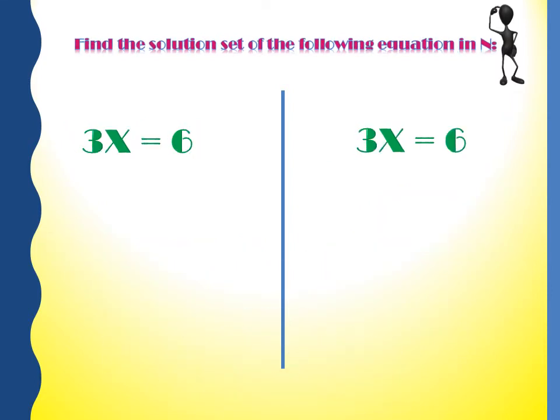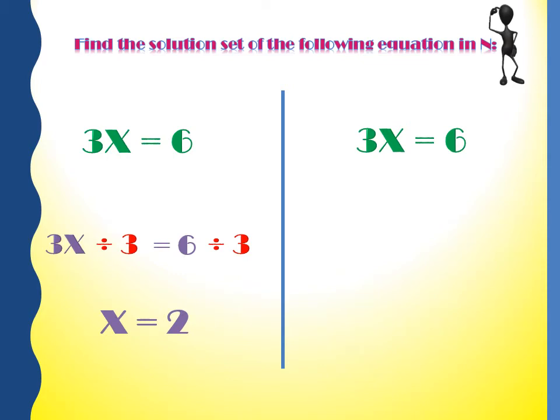Here another example. I need to keep x alone on one side by multiplying by its multiplicative inverse, or by dividing both sides by 3 to get rid of this 3. Here I can find x alone on one side, and on the other side 6 divided by 3 equals 2.